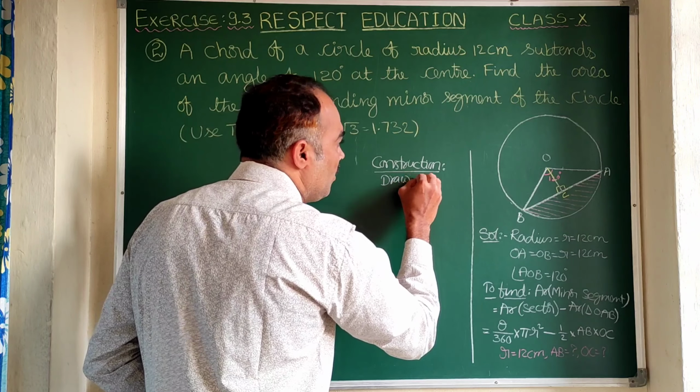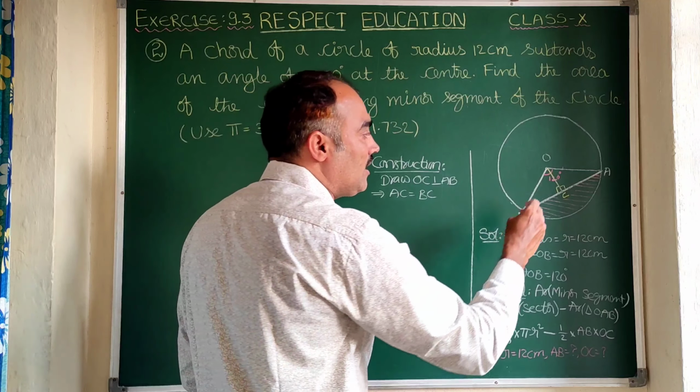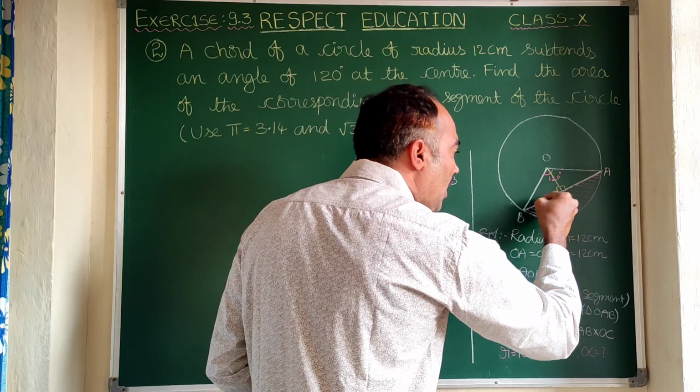That means if a perpendicular line is drawn from the center to a chord, it bisects the chord, that means C is the midpoint of AB. So we can write AC is equal to BC. That means for finding AB, if you find AC or BC and double it, you will get AB. So now our target is to find either AC or BC.